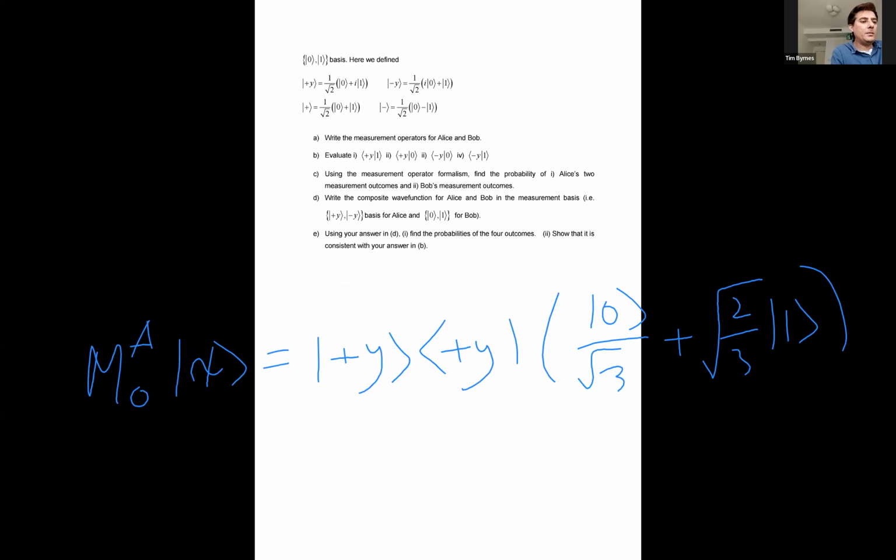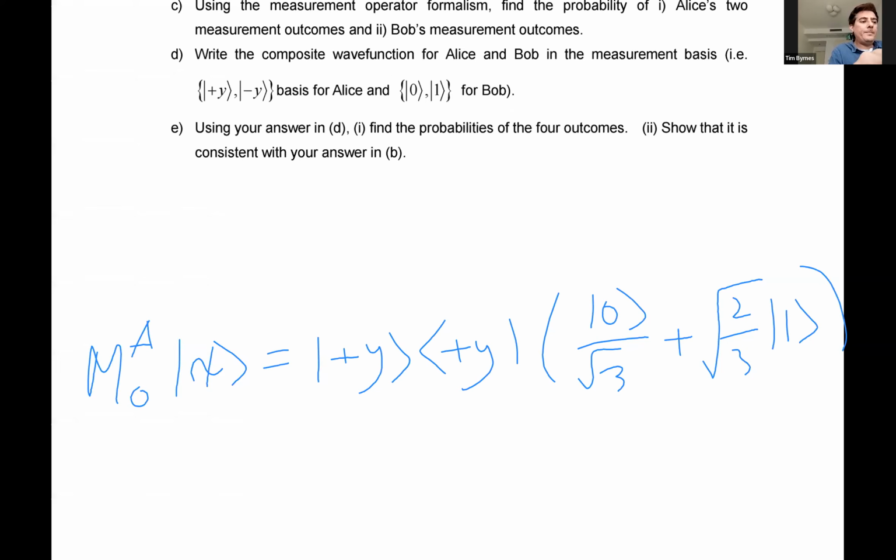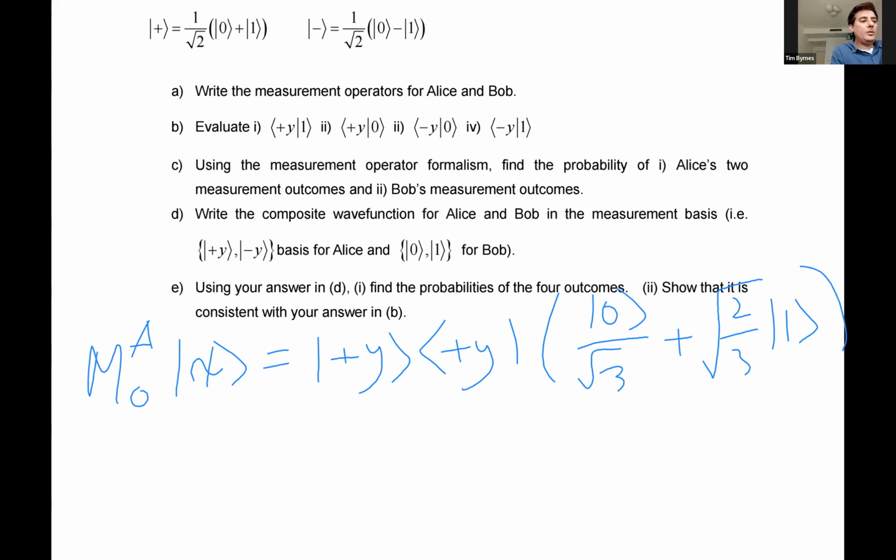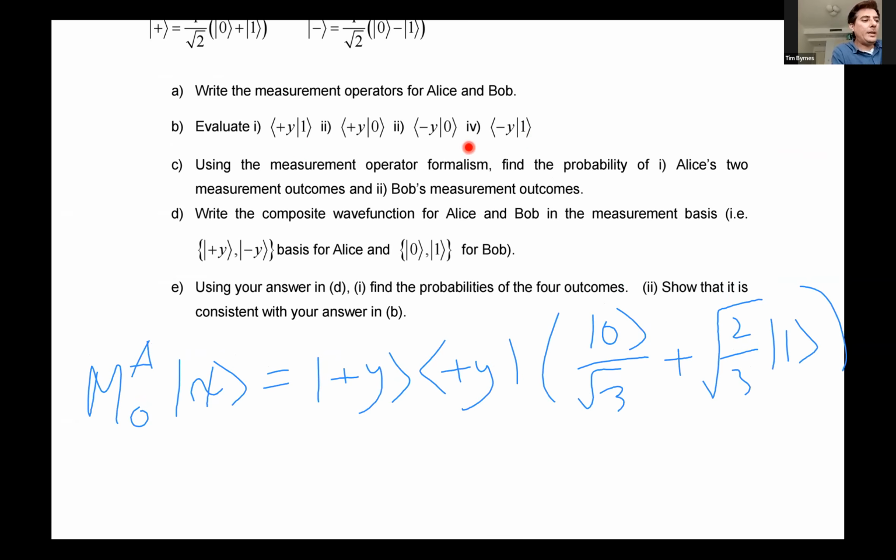Yeah, plus. Okay, and this is where you can use some of the results that you worked out in B. So this overlap between plus Y and 0, you already calculated that here, and this inner product between plus Y and 1, you calculated that there.